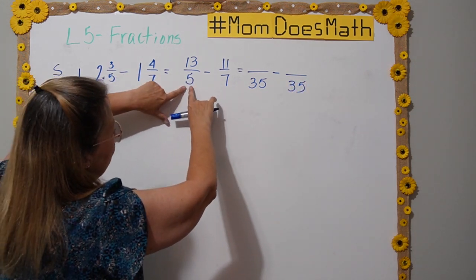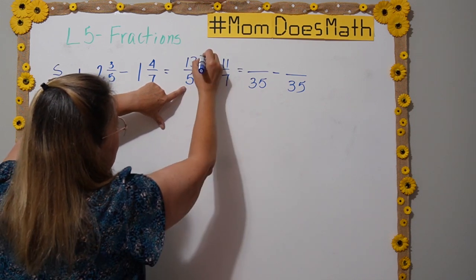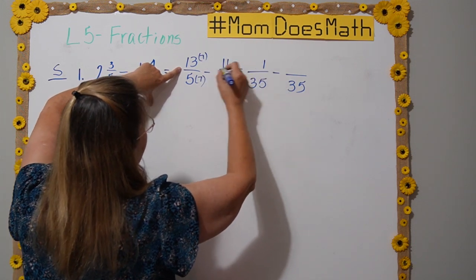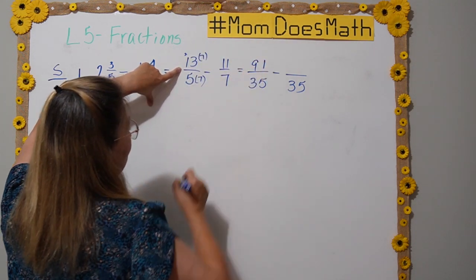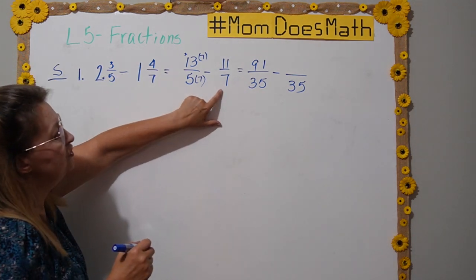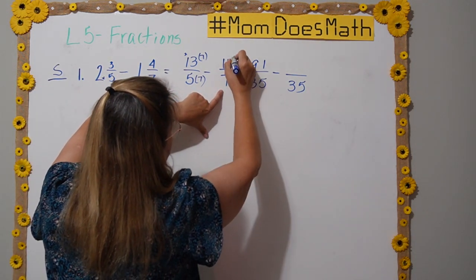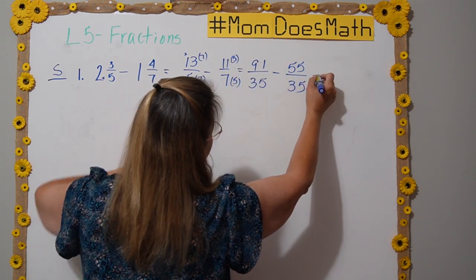So what did you multiply 5 by to get 35? Well, you multiplied by 7. So you have to multiply the 13 by 7. 7 times 3 is 21. Carry my 2. So that's 91. Right here, what did you multiply 7 by to get 35? By 5. So you got to multiply 11 by 5. So that's 55.